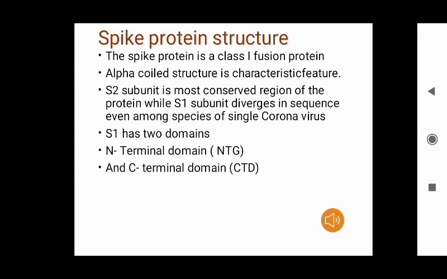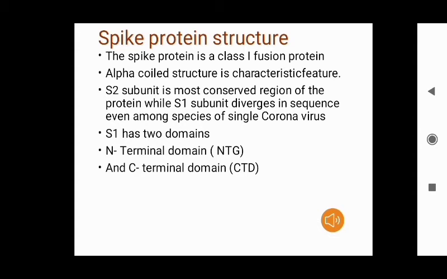Now spike protein structure. This coronavirus spike protein is a class 1 fusion protein. The formation of an alpha helical coiled coil structure is the characteristic feature of this class of fusion protein, which contains in their C-terminal part regions predicted to have an alpha helical secondary structure and to form coils.